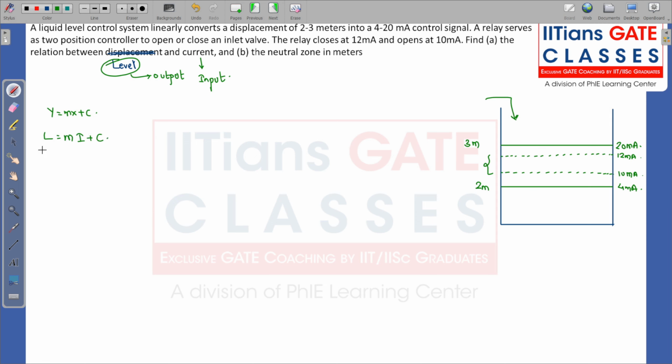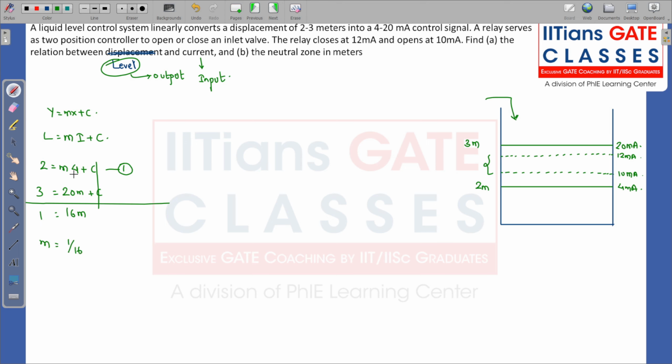Let me write for 2 meters: current is 4, so 2 equals 4m plus c. Let this be equation 1. Equation 2: for 3 meters, the current is 20 milliampere, so 3 equals 20m plus c. If I subtract, c will cancel and this will give 1 equals 16m, so the value of m is 1 by 16.